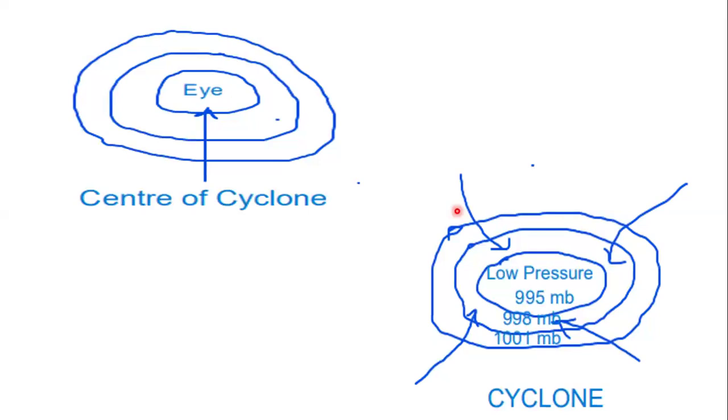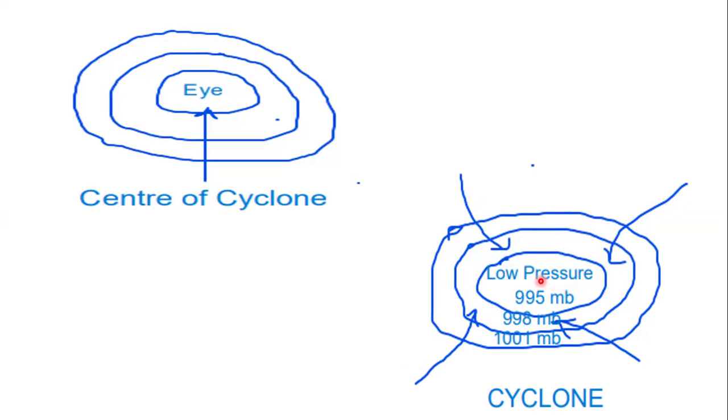A tropical cyclone generally develops in tropical regions where the temperature is more than 27 degrees. Tropical cyclones develop over the seas or the oceans. A low pressure area is caused, and we know whenever a low pressure area is formed, winds from the high pressure region rush to fill the low pressure area.